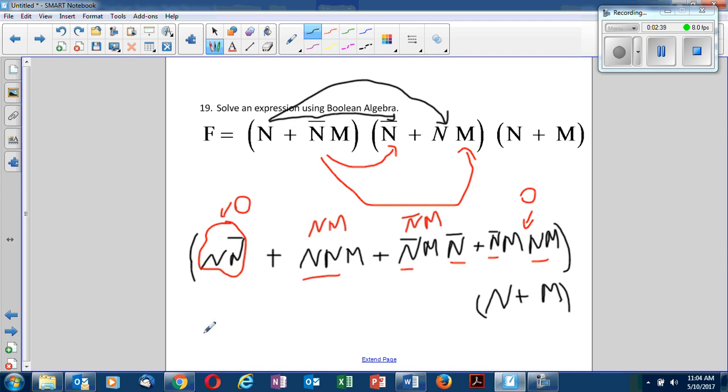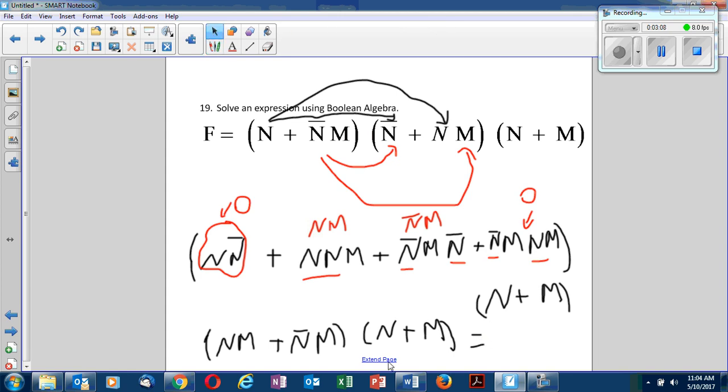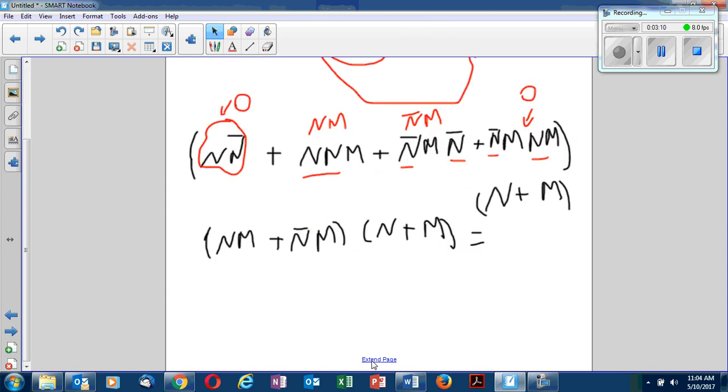So now that I have simplified that a little bit, I'm going to rewrite this. I have nm, because this term has died, and then I have not n m, and this term has died, times n plus m. I can simplify these terms a little further.